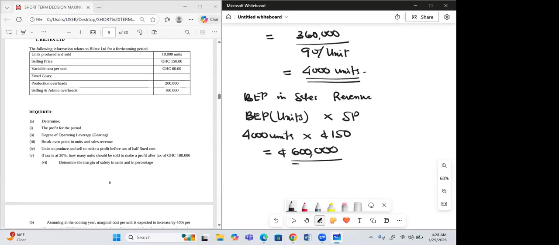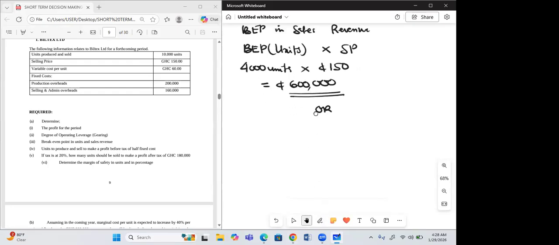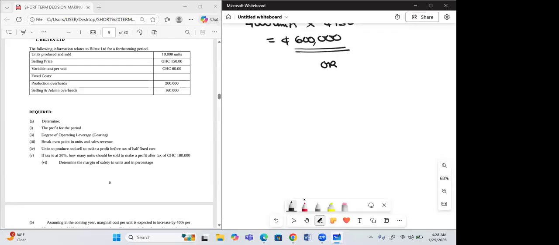Either this, or you can use the same formula, where you take the fixed cost over the contribution margin ratio, the CS ratio.